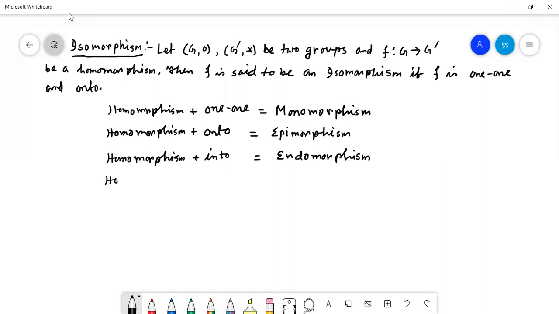Now, homomorphism plus one-one plus onto, then it is isomorphism. Is it clear? Definition of isomorphism.